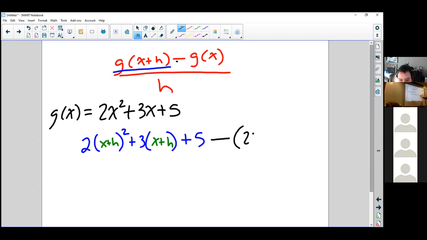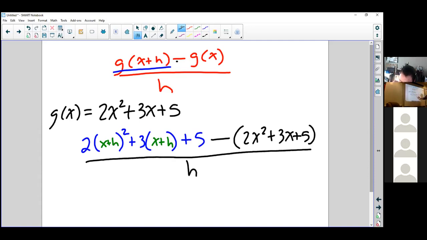So I'm going to subtract everything I have there. And it's all going to go over h. Is there any part of that math that I need to clarify a little bit more? I haven't got it worked out yet, but is there anything that I could clarify a little bit more for you? Seem okay?